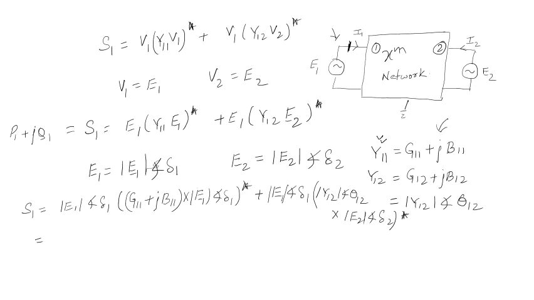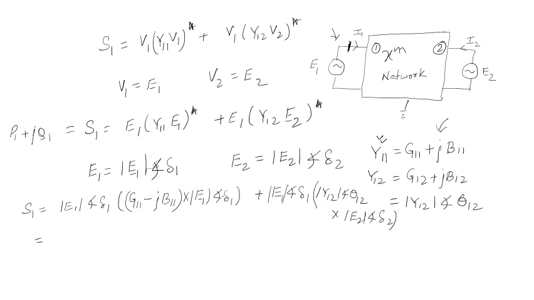Now if I want to take the real part and the reactive part, if I remove this conjugate, what happens to the conjugate part? Here this sign changes to minus, if I remove this conjugate. And this delta also changes to negative delta. Similarly here it also happens.